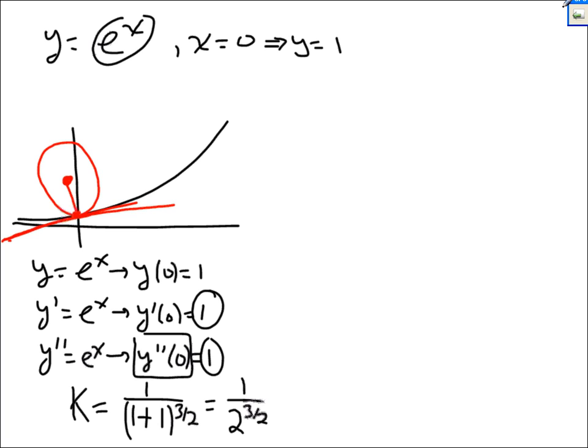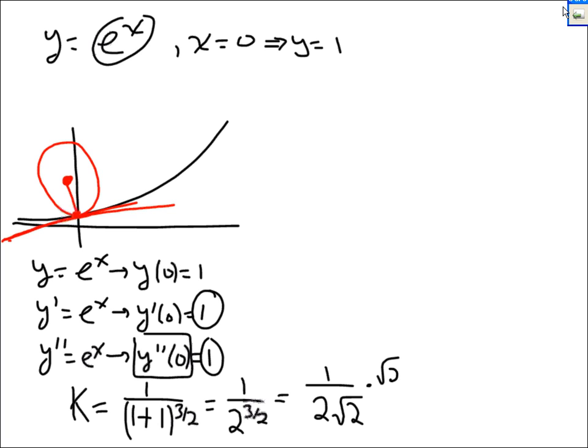So here is the curvature. Now 1 1/2 is 1 plus 1/2. Well, here's 2 to the 1, and here's 2 to the 1/2.